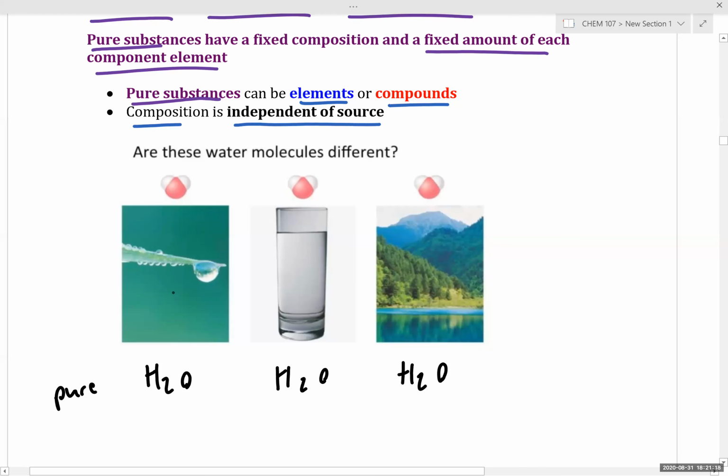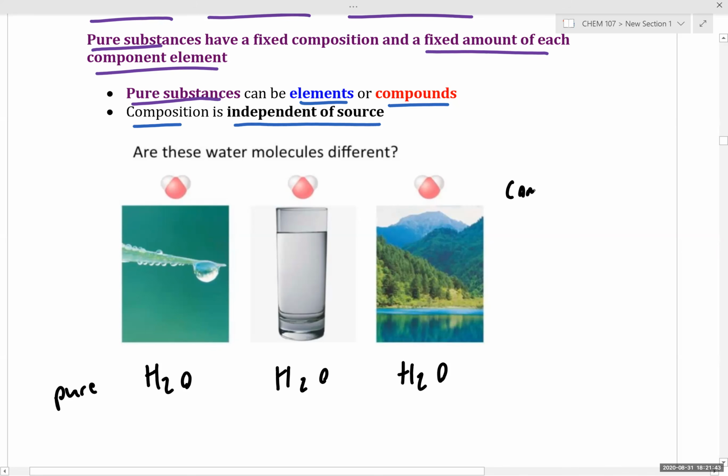If we look at the chemical formula for water, and we look at the water molecules, is there any difference between these water molecules? Is there any difference whatsoever? Looking at the water molecules, there's no difference, and this is really important.